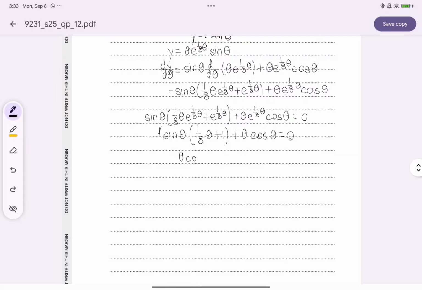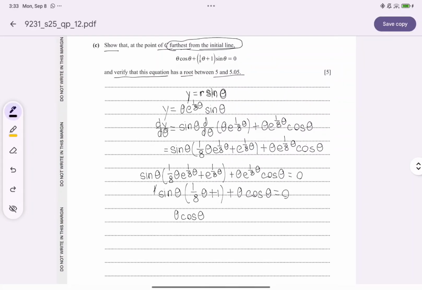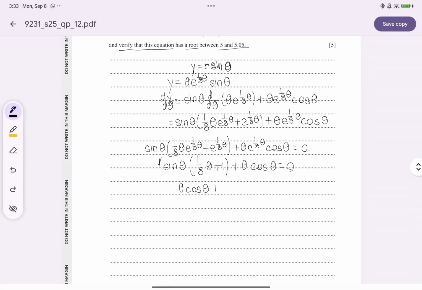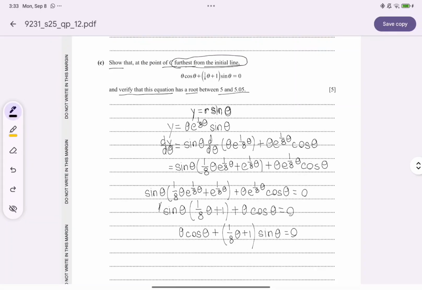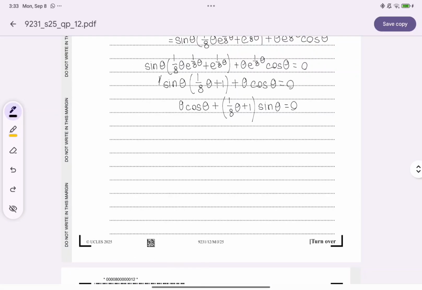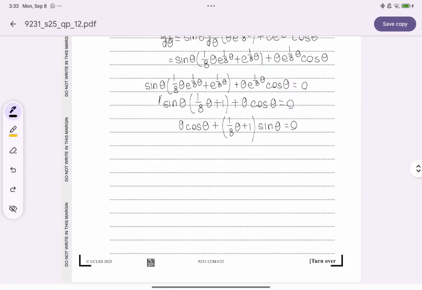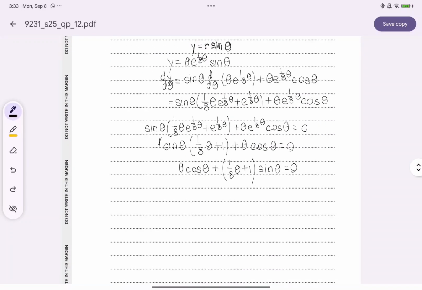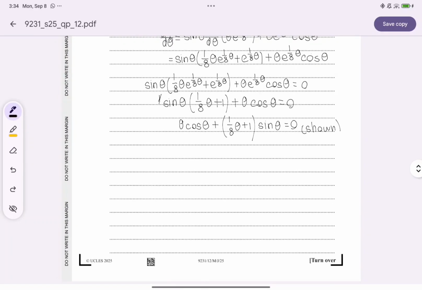And then you would get theta cosine theta plus (1 over 8 theta plus 1) sine theta equals 0. So as you can see, we have proved our equation, so we can write shown.